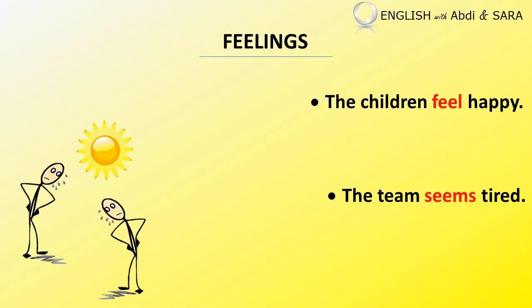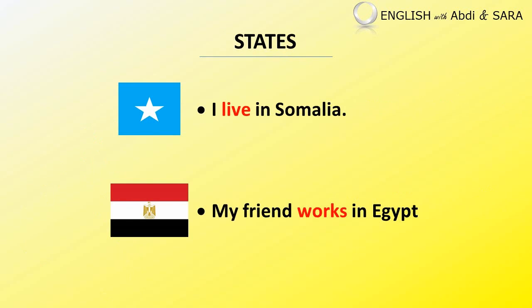The next application is in talking about states. States, or state of being, means the way things are at the moment. These sentences are facts, but they may change depending on time or other factors. Example, I live in Somalia.